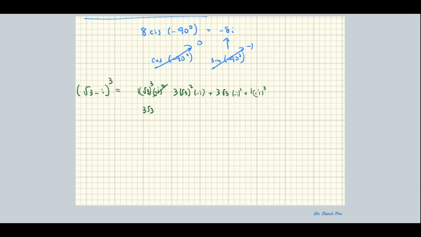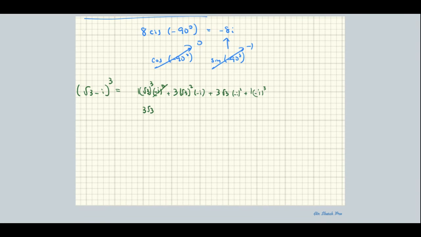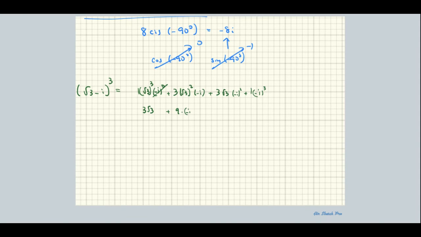And so this is 3 root 3 squared is 3 times 3 is 9. 9 times negative i. And then we get what? 3 times root 3 times negative i squared. Well, negative i squared is just negative 1. And so that's negative 3 root 3.